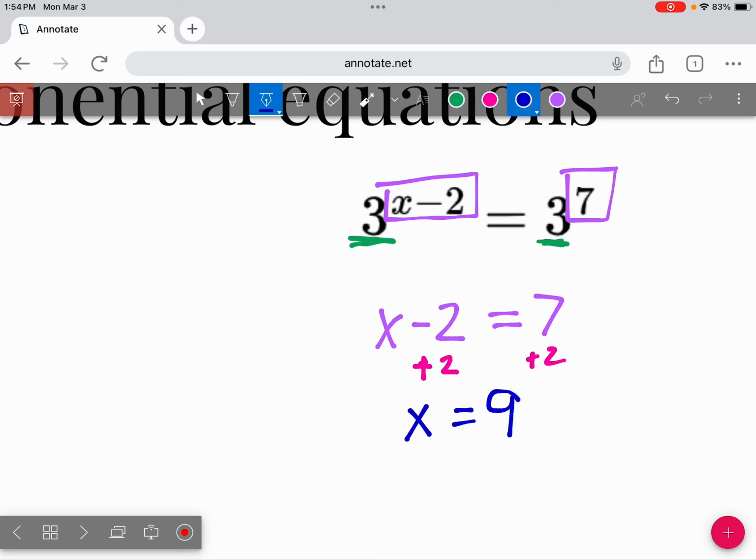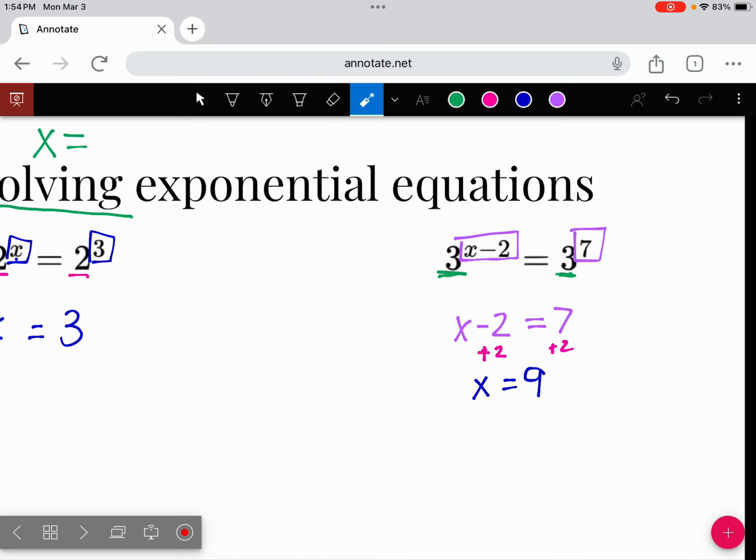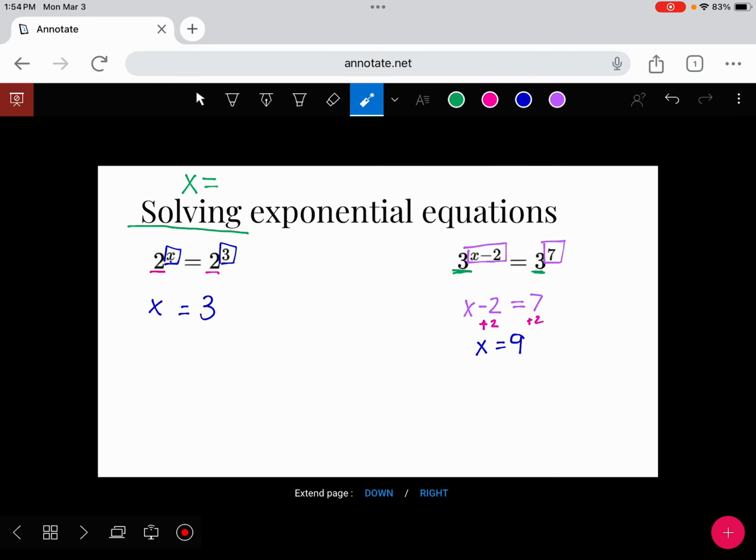X equals 9. And then if you want to test it, you absolutely can. 3 to the 9 minus 2. Well, 3 to the 7 is exactly what 3 to the 7 is. So it gives us the exact same statement. Whether or not we care what 3 to the 7th is, they mean the same thing. So it's all about finding whatever piece is going to make our exponents be the same. But we have to have our bases the same.